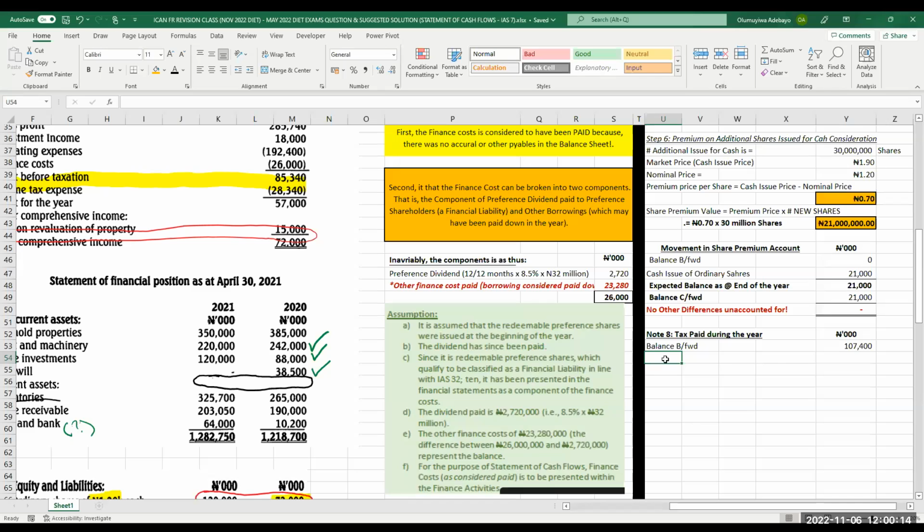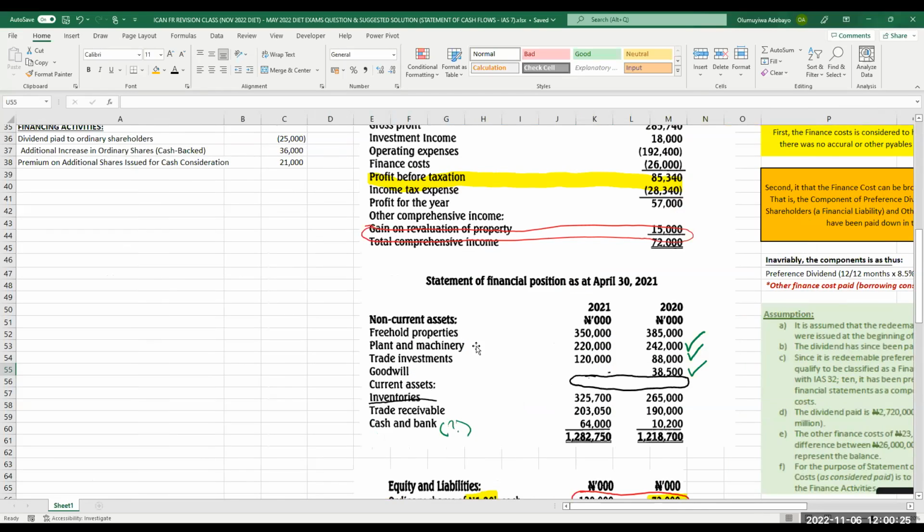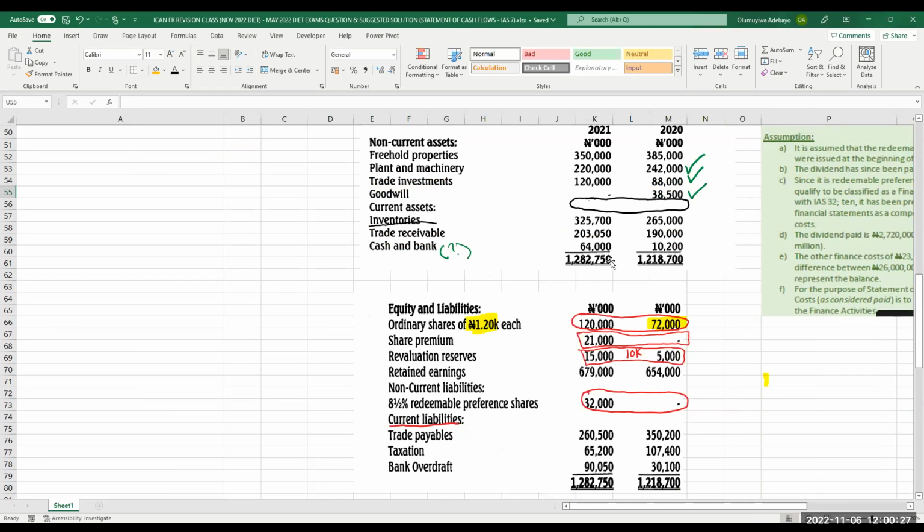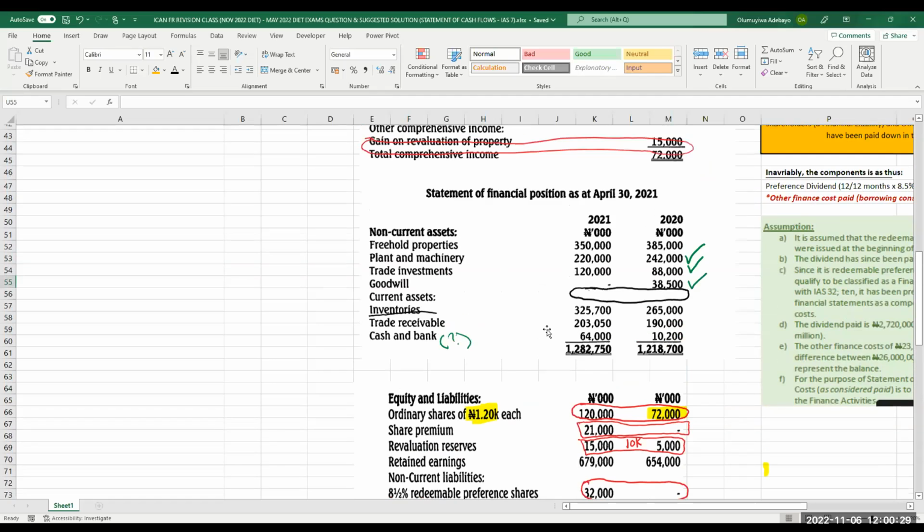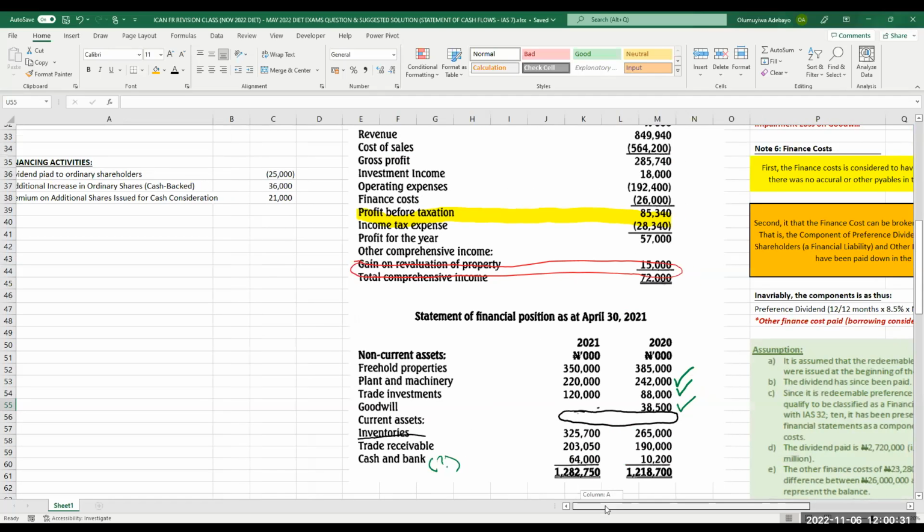Now, what was the charge for the year? Remember, tax for the year is the current tax aspect, not deferred tax. If there's deferred tax, you remove it. But in this question, it's so simple that there's no deferred tax. Otherwise, you'll have removed the element of deferred tax if included in the income tax.